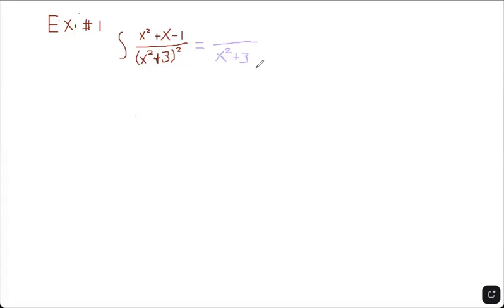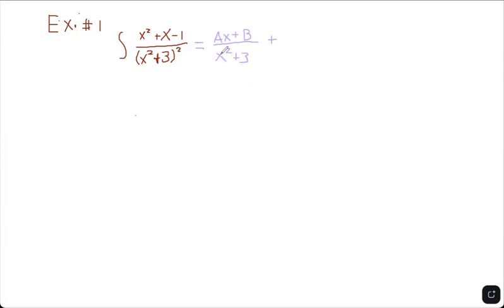Because we can't simplify it anymore, and so this is one of the simplest forms that we have. So we're going to write this first, right? And the numerator is going to be ax plus b, because according to our rules, this is an equation. It's x squared plus 3.